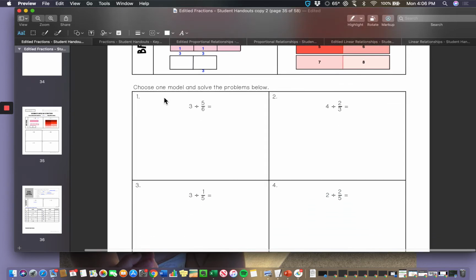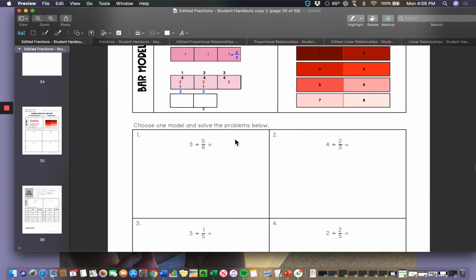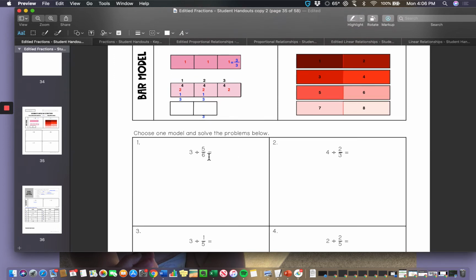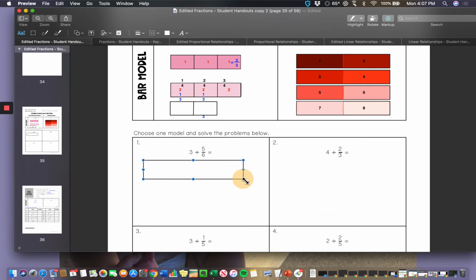So down below, you can use the models from above that can help you out. All right, so you're going to need to represent a bar that is 3. So you're going to have 3 bars down here.